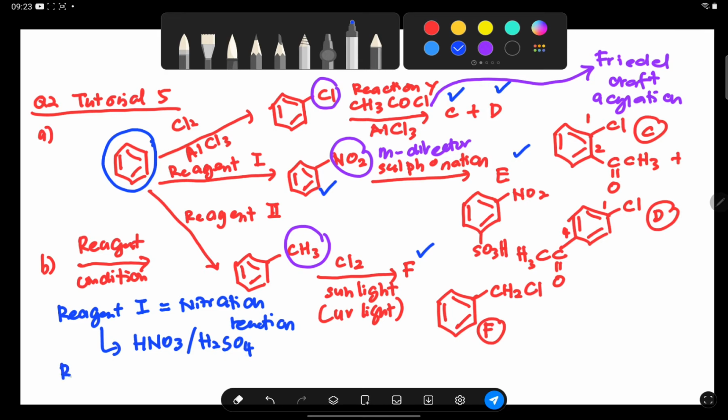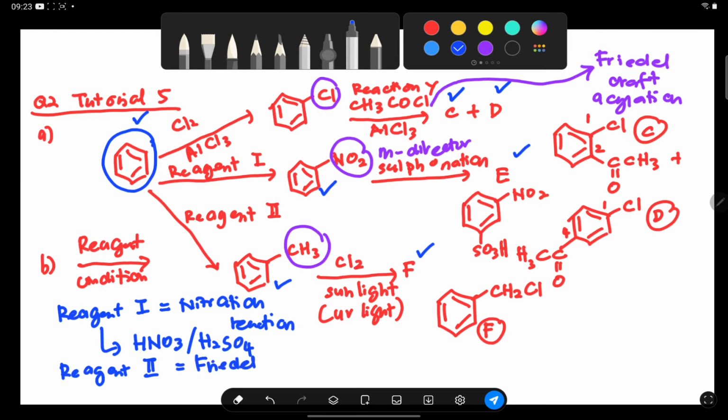And for reagent 2, from benzene it produces toluene. What is the reaction that adds an alkyl group on the benzene ring? Do you still remember?